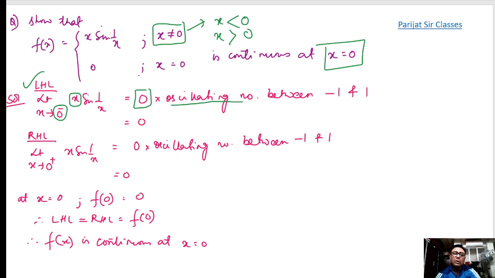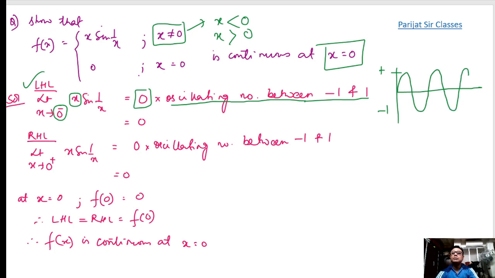Sine of any function, remember, will always oscillate between +1 and -1. So this function is an oscillating function between +1 and -1.